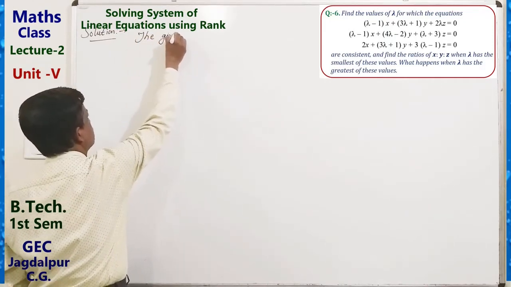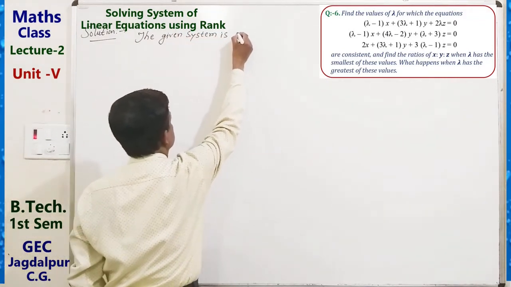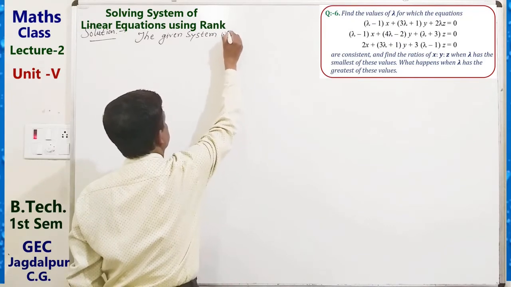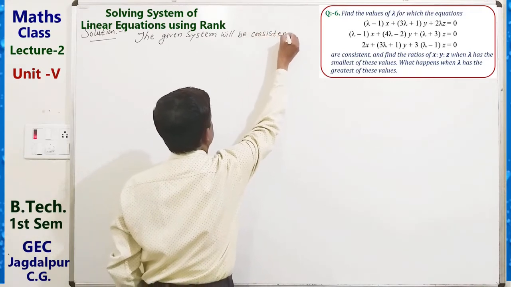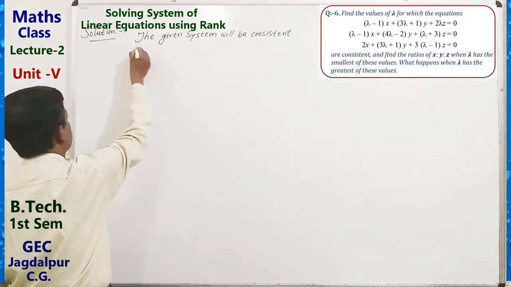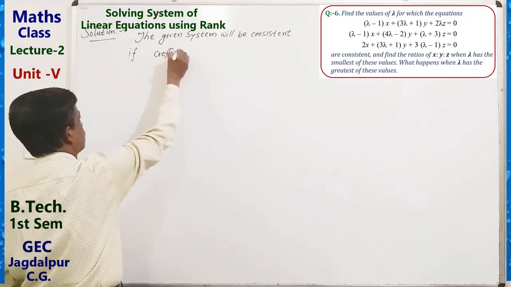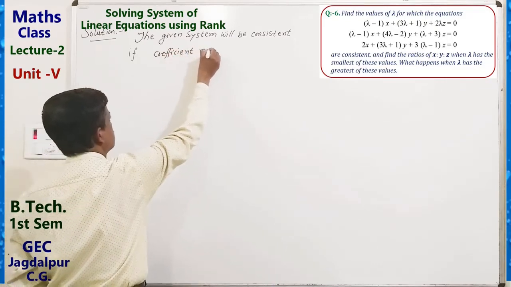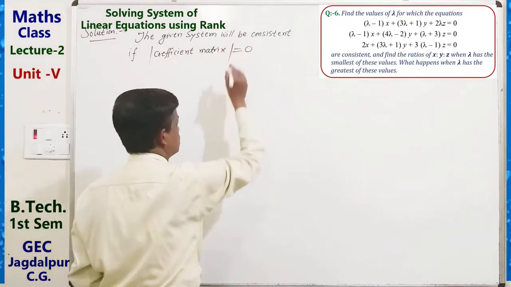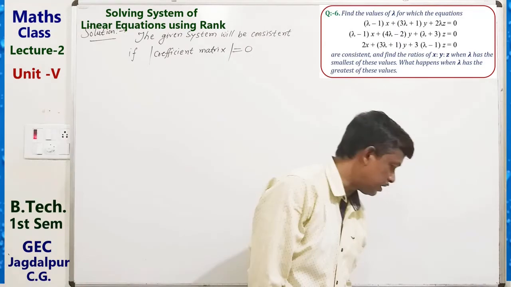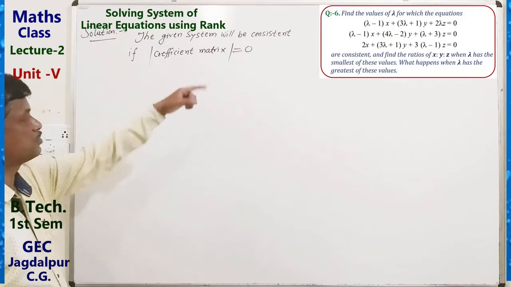The given system will be consistent if the determinant of the coefficient matrix is equal to 0.